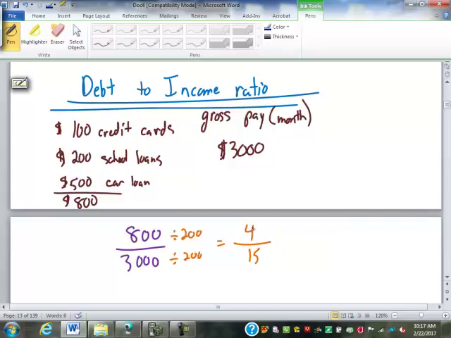We want the numerator to be 1. So I'm just going to divide that by 4 on top here. This is a 1 to 3.75 ratio. We want this ratio to be less than 1 to 3. So we want the number on bottom to be 3 or larger. So right now, this is a good debt to income ratio. 1 to 3.75, that's better. That's below the 1 to 3 ratio that we want it to be.